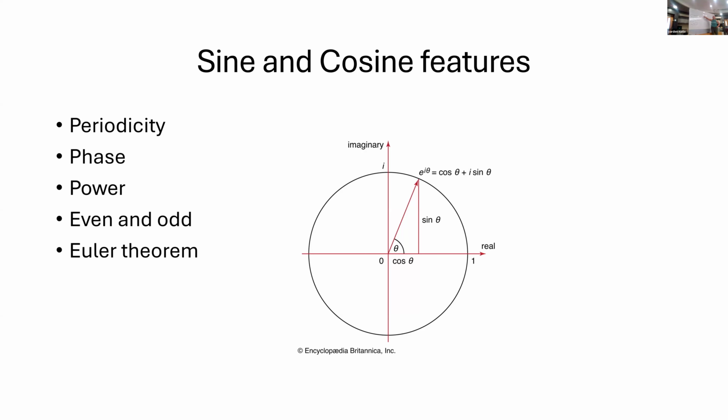What happens when I subtract between them? So i sine theta, the same as the cosine, is equal to 1. Right, so this one equals 2i sine of theta, right? So sine of theta equals the subtraction e^(i theta) minus e^(-i theta) over 2i. Okay, and this is how I can isolate the cosine and the sine from the Euler theory.